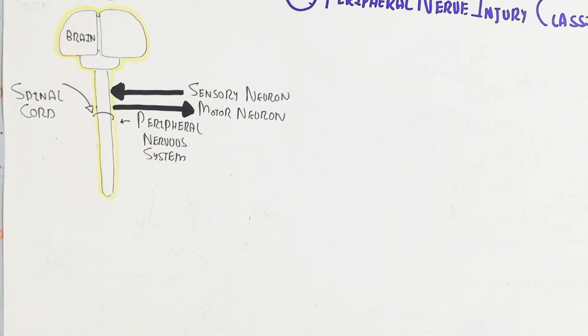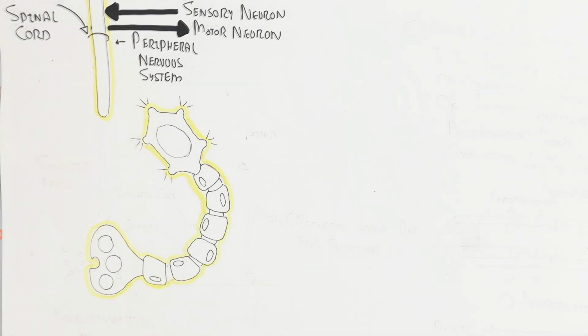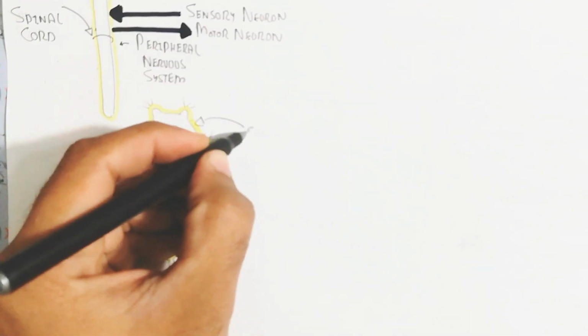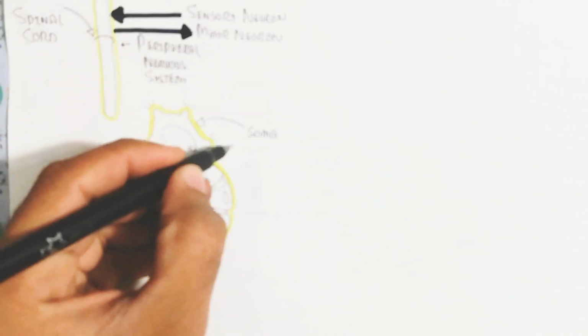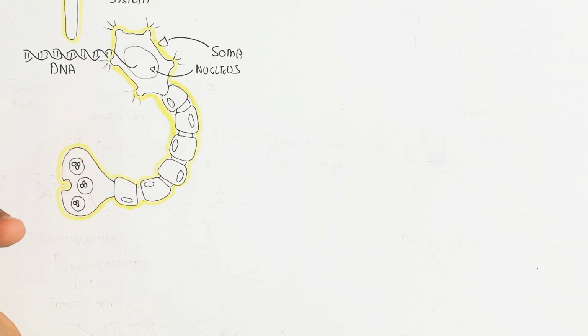So for the sensory neurons and motor neurons, let's begin by understanding the myelinated neuron, because the motor neuron is especially myelinated. This is the soma, where the nucleus is present, which contains genetic material.